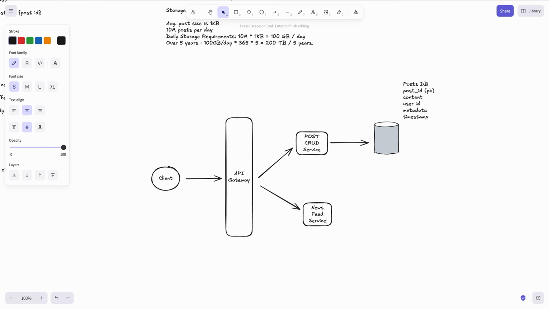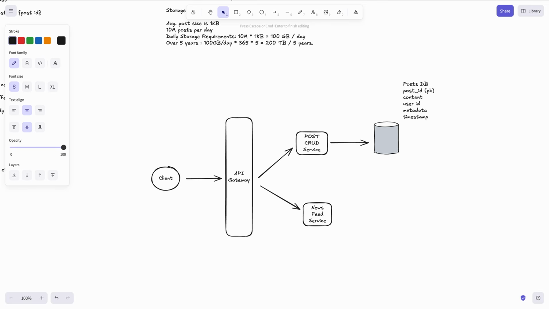We made this a separate service because the logic for building a timeline is complex and resource intensive, and by having a dedicated service we can scale it independently to meet the high demand of read requests without affecting the other parts of the system.